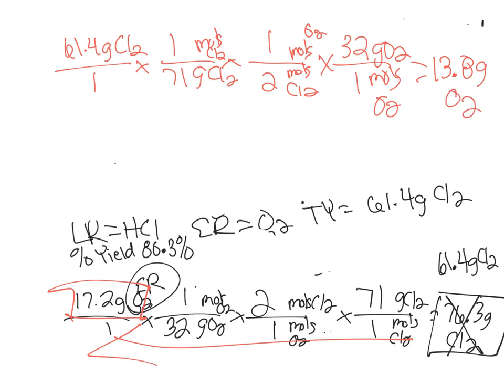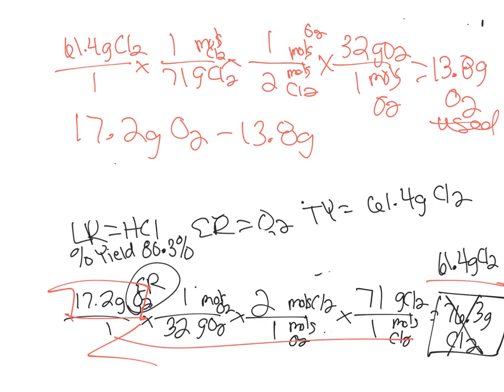Okay, they gave us 17.2 grams of oxygen. That's what you got in the beginning of the problem. We used 13.8 grams. Okay, because think about what you just did here. You took the yield, how much the theoretical yield should be, and you worked it back to go, okay, if I know this answer to be true, then how much oxygen did I use? That's where this 13.8 comes from.